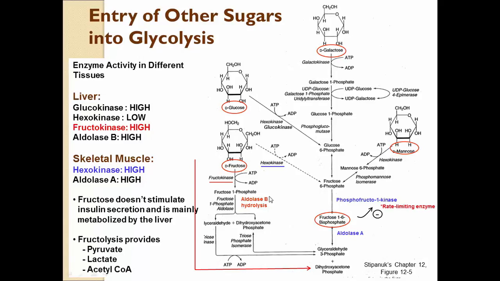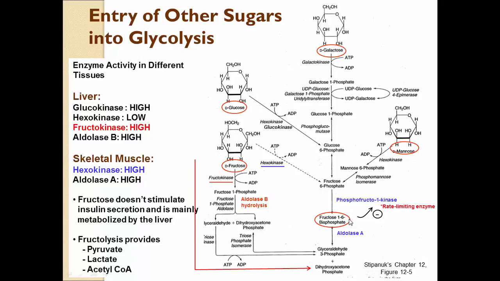So when we consume a lot of fructose, a lot of fructose can be directly metabolized and produce glycerol 3-phosphate for triglyceride synthesis, and cannot be regulated by the inhibitor steps.